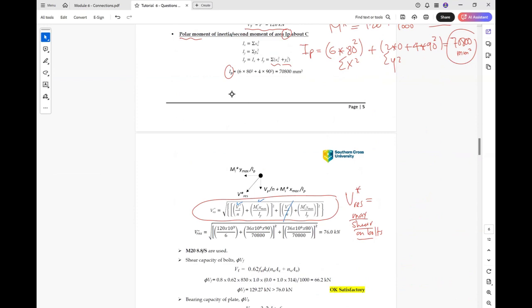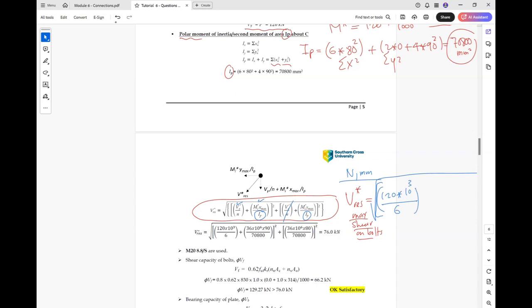So V resultant will be 120 times 10 to the power 3 to make all the units in Newton and millimeter, because we have I in millimeter, so be careful with that. We have number of bolts 6. So this will be under the root. So plus, and we have another bracket here.